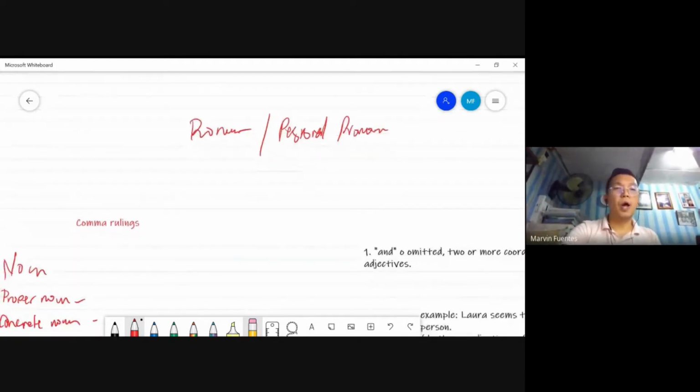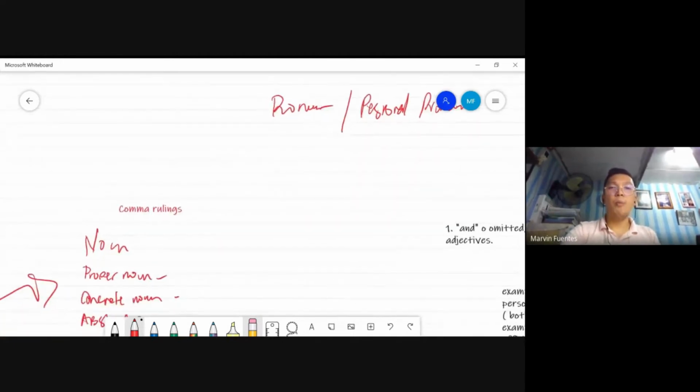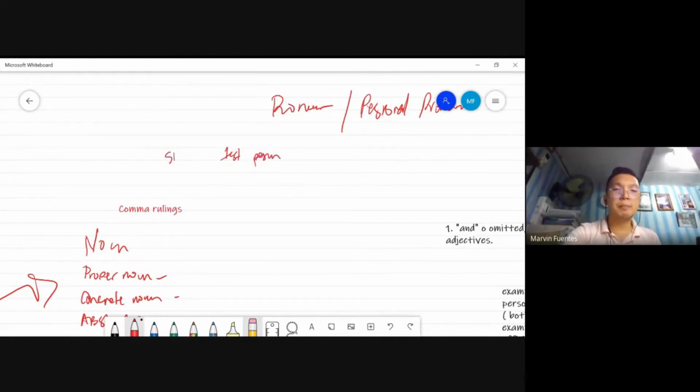In a personal pronoun, no, you have to check what specific person that we are referring. First person, who is actually the speaker. Second person, kung kanino nakikipag-usap si speaker, spoken to. And then third person, spoken about or kung sino yung pinag-uusapan.